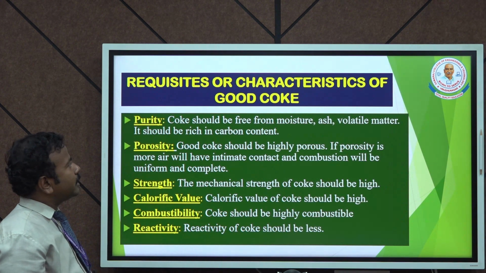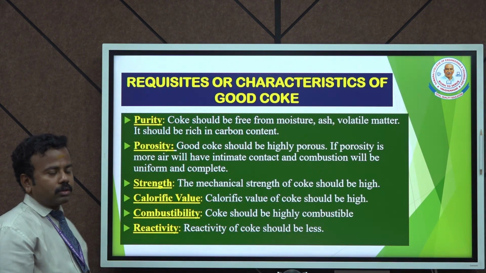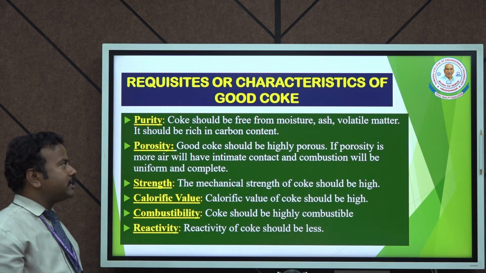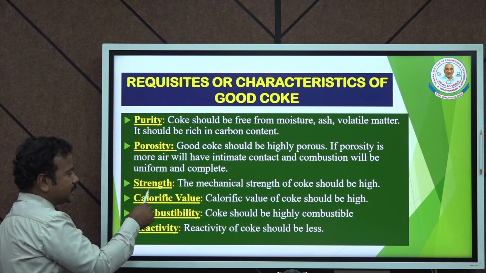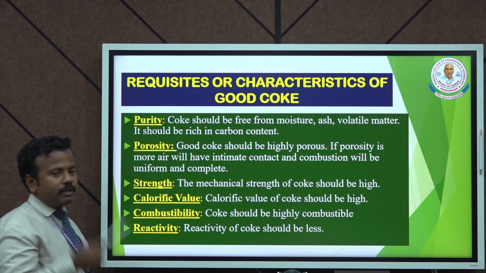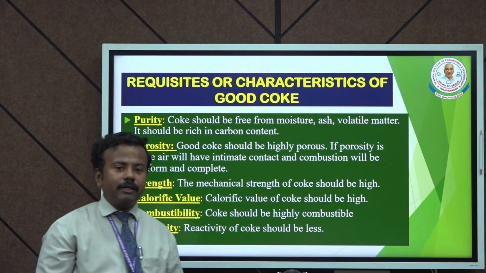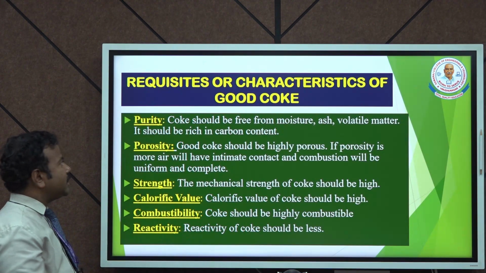So let us see the requisites, or characteristics, of good coke. What properties does it possess? The first ones are purity, porosity and strength, calorific value, combustibility, and reactivity. These six properties describe the characteristics of good coke. The first is purity.